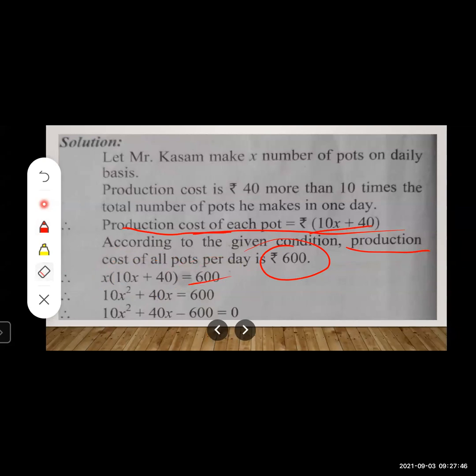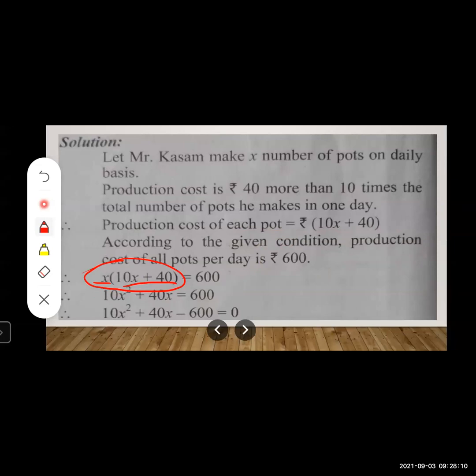See students, try to understand this sum. How many total number of pots are there? X, made on a daily basis. What is the cost of each pot? 10X plus 40. So what will be the total cost of all pots he makes every day? X into (10X plus 40).